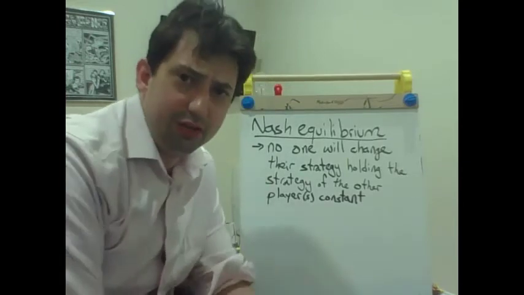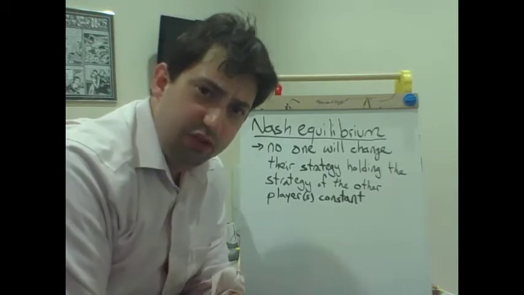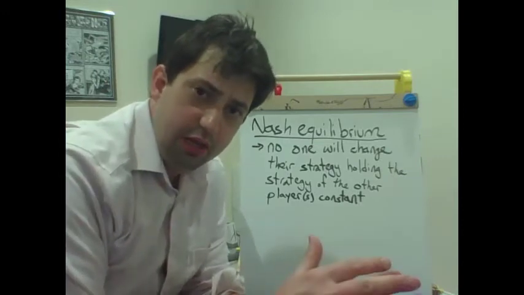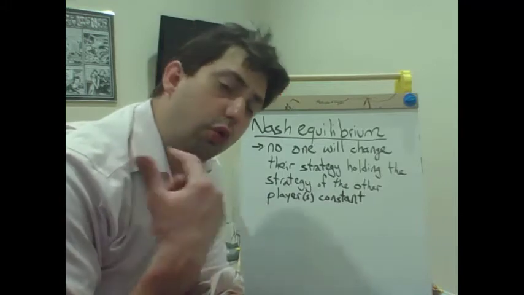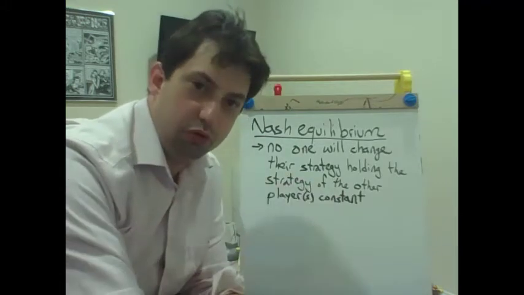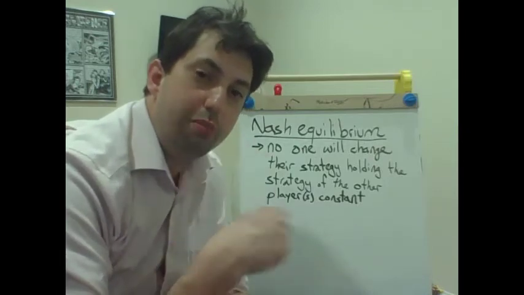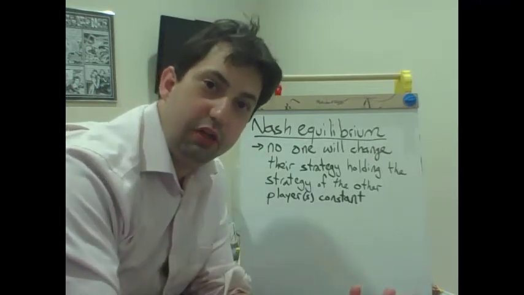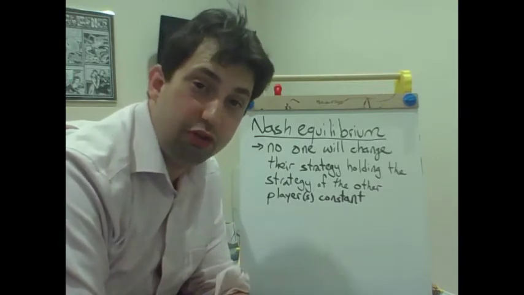To get an idea what that means, consider sitting in a classroom. When everyone sits down, that is Nash equilibrium. Your strategy is the seat that you chose. And while you might prefer a different seat, if that seat is taken, then you are not going to change your strategy.